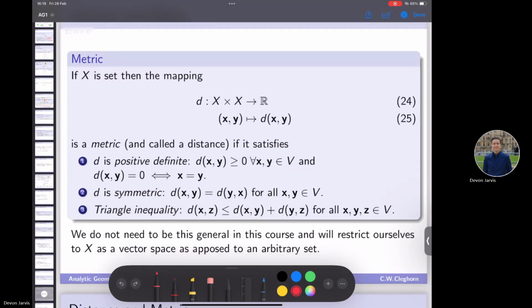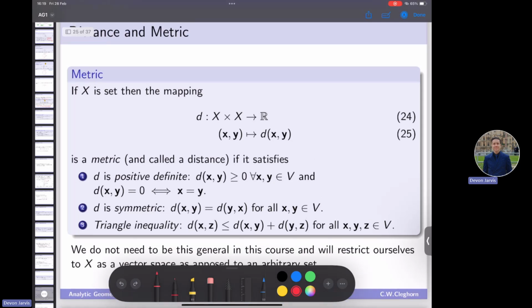Okay. Then we can define a metric, and a metric is what we use to describe distances. We've already kind of seen this. If it's starting to feel old hat, I know it's kind of subtle definitions that don't always even apply super well in linear algebra. But if X is a set, so again, we're going super general now, not just vectors, then any mapping which takes two elements of that set and maps it to a real number, for example X and Y getting mapped onto this D function, is a metric and it's called a distance if it satisfies the following properties.